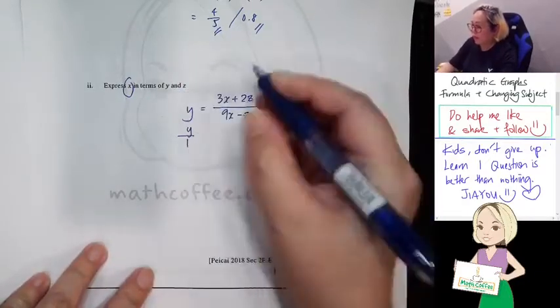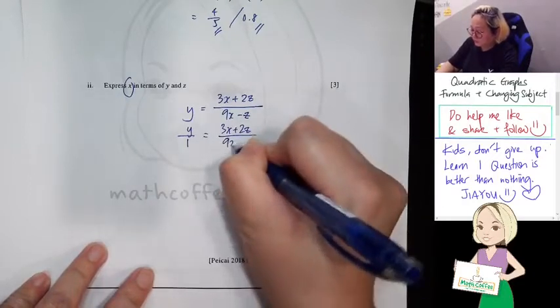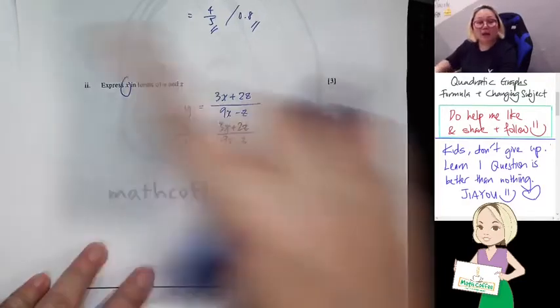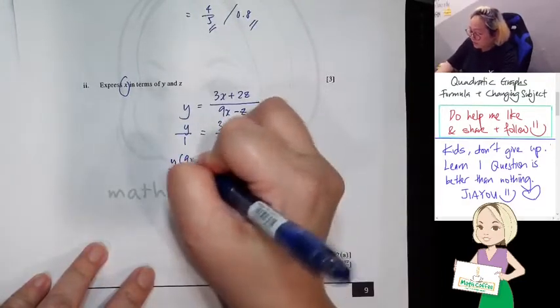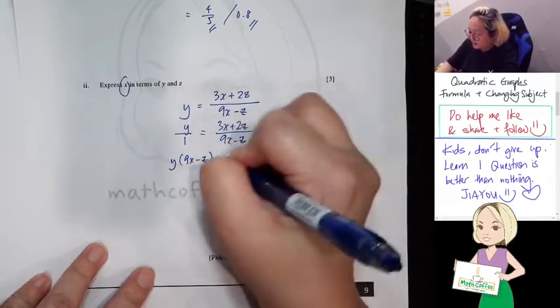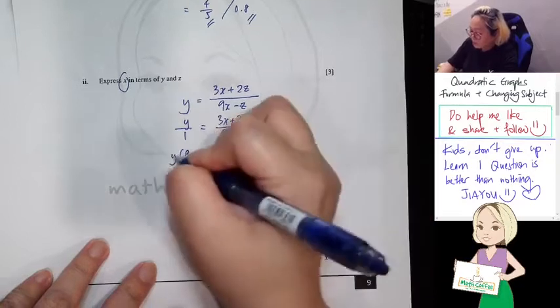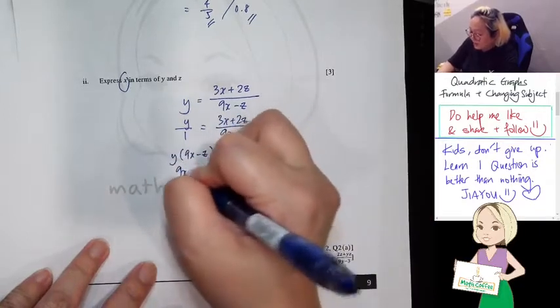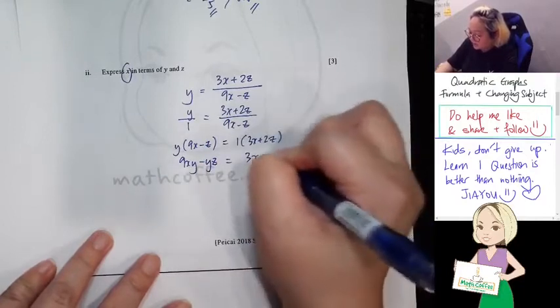Y, I just need to put y over 1. Now I can do my cross multiply. So that means y rainbow with 9x minus z equals to 1 times 3x plus 2z. Rainbow, I get 9xy minus yz equals to 3x plus 2z.